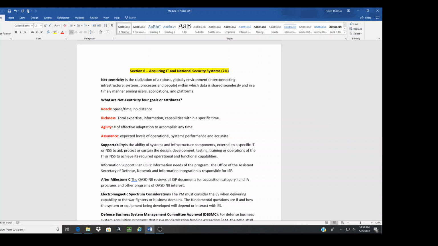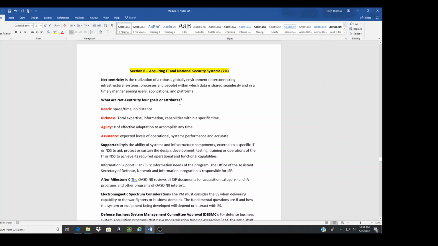You can't have your own; there are instances where they overlap. So interconnecting infrastructures, systems, and processes within which data is shared seamlessly and in a timely manner among users. So we're talking the internet, the satellites, the platforms, the applications: netcentricity. So know that definition.